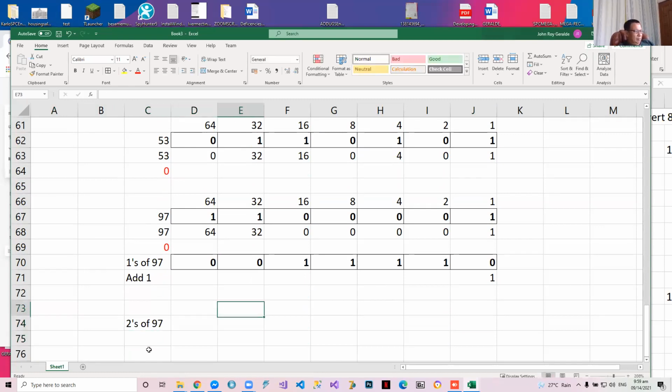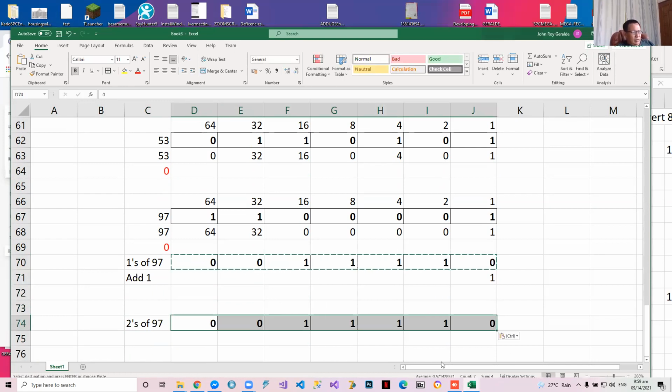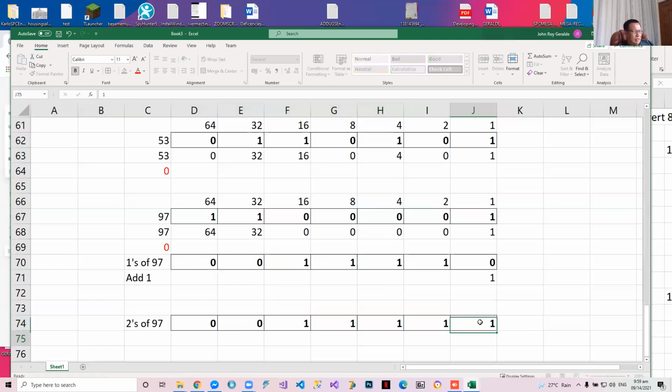Here it is. We just copy this. We don't have to change the no. But the bottom here is a 1 because 0 plus 1 is a 1. Okay. Okay. Any questions so far? 97. And then we just add 53. Doesn't matter, no? Whether it's below or not, because we're just doing addition anyway.